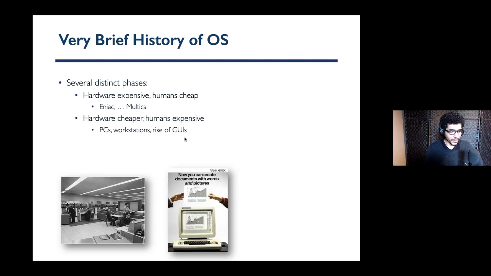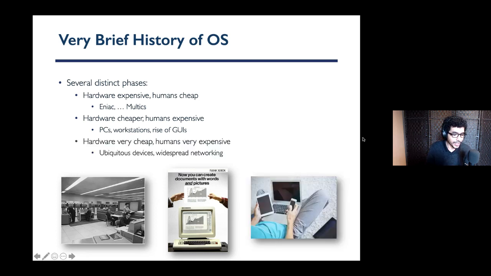After that, we had a phase where the hardware became cheaper and human programmers became a little bit more expensive. That's where you got your PCs, workstations. It was the rise of graphical user interfaces. And these days, hardware is really cheap, and programmers are really expensive.